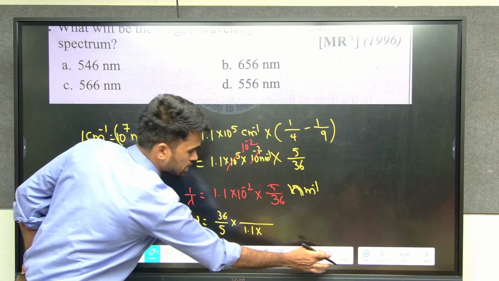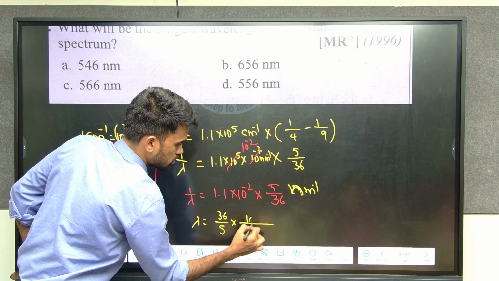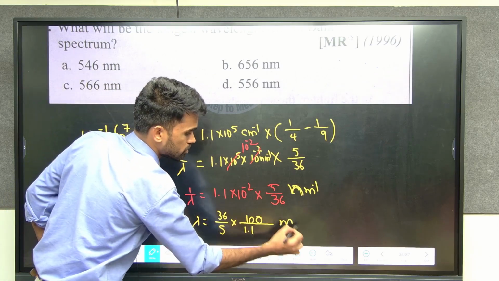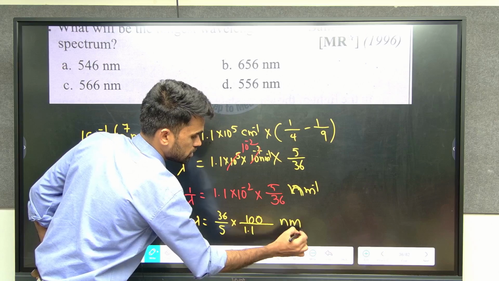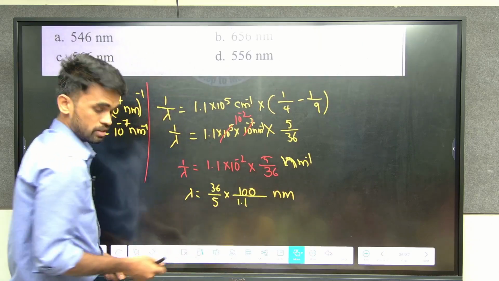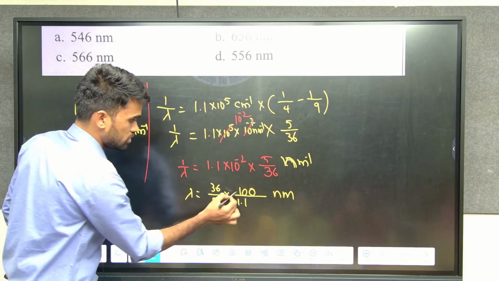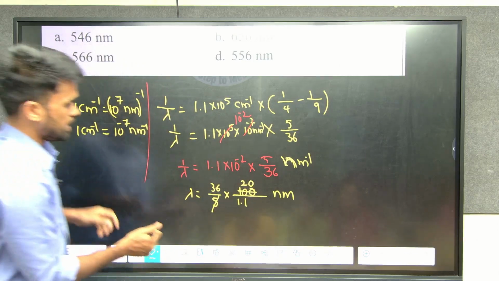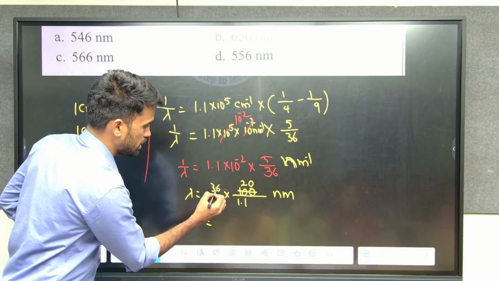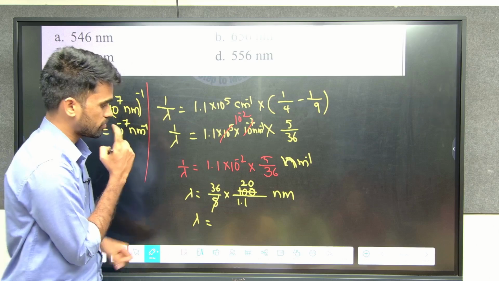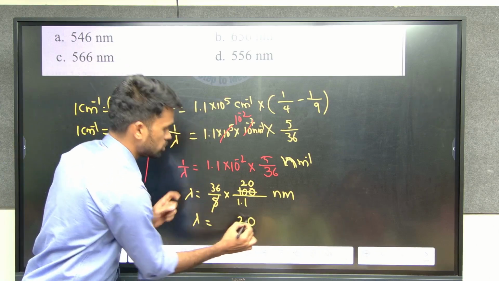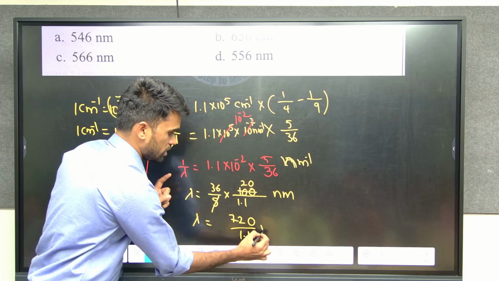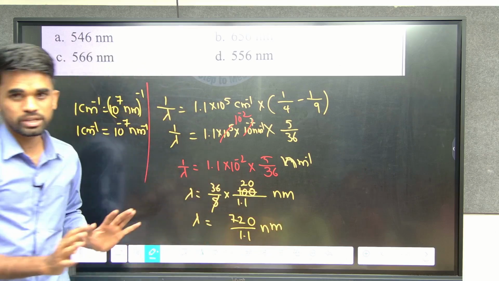If I write that in the numerator as 10 square is 100, nanometer inverse becomes nanometer. Is this clear up to here? Yeah. So now 5 ones are 20s. The next one, how much will this answer be? 36 into 20, 720 by 1.1 nanometers. Up to here it is clear now?